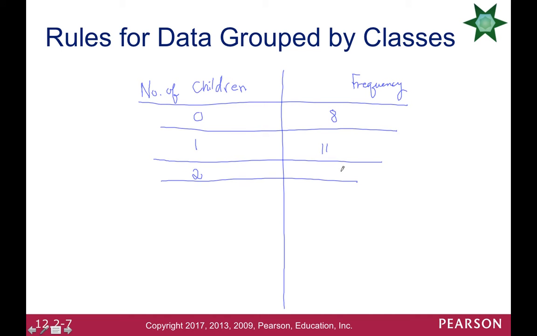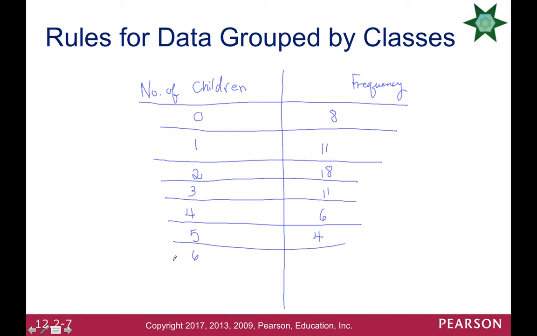The number of 2 children was 18. 3 children, the number of 3 children was 11. 4 children, the number of 4 children was 6. 5 children, the number of families that had 5 children was 4. 6 children, the number that had 6 children was 2. 7 children, the number of families that had 7 children was 1. 8 children, the number of families that had 8 children were 2.